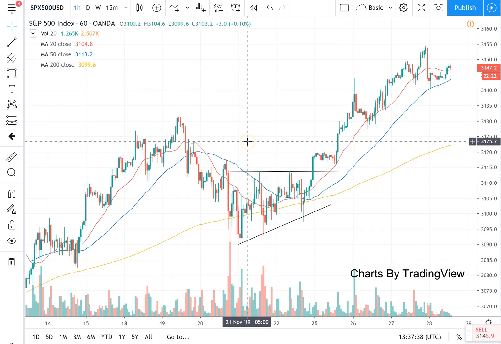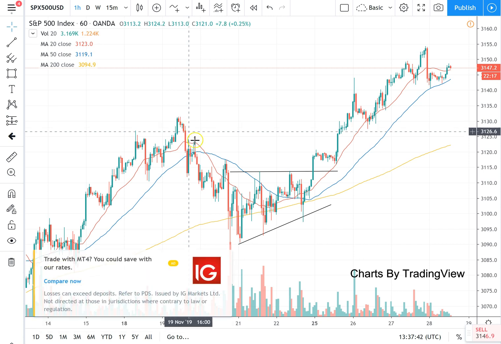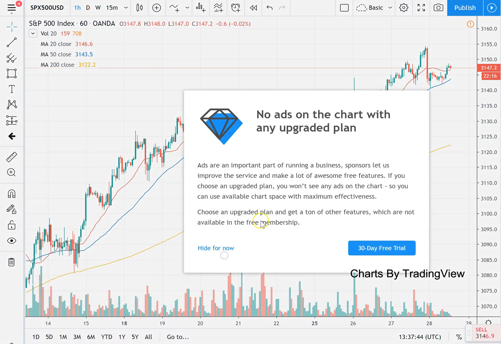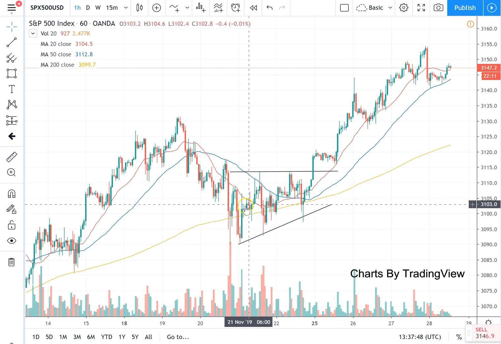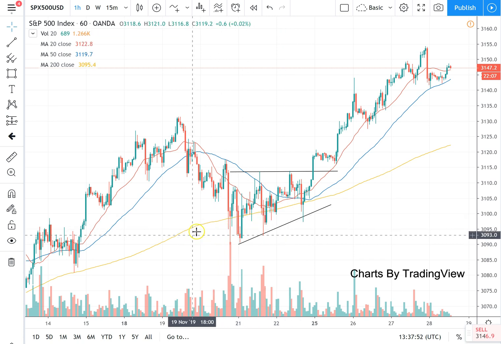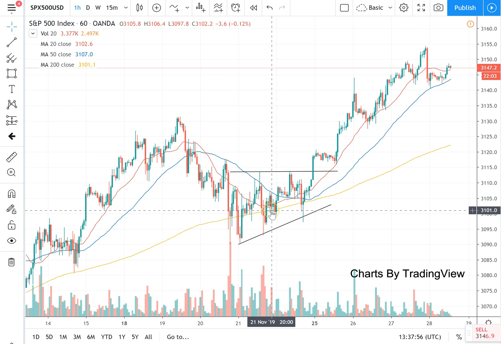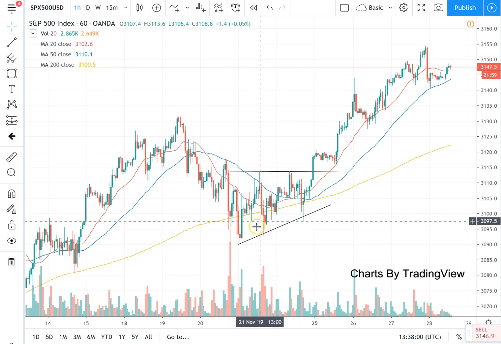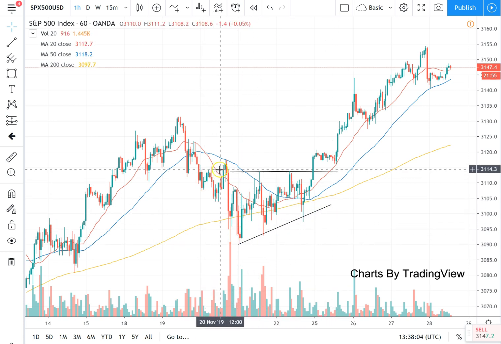So the other day in my analysis on my website, I pointed out that there's a possibility that the S&P 500 may find support at this 60-minute 200 MA, this yellow line here, and indeed it found support at this area. And then what is beautiful about it is it formed an ascending triangle in the 60-minute chart.